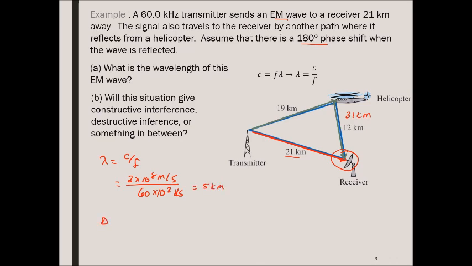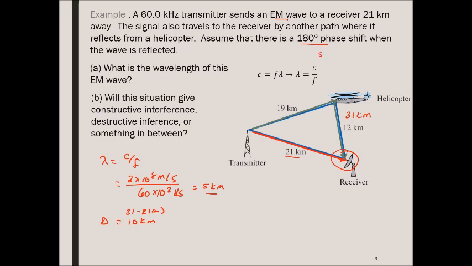Now the path length difference, delta, is 31 minus 21 kilometers, which gives us a path difference of 10 kilometers, which is in fact a multiple of 5 kilometers. So if there is no phase inversion at the helicopter, then in this particular case it would have been constructive interference, but here we do have that phase inversion, so it's acting like it's traveling half a wavelength farther.